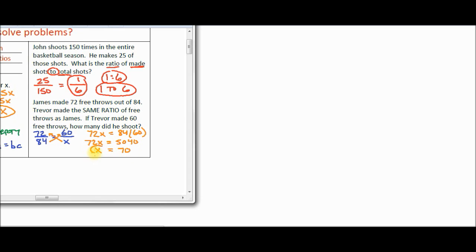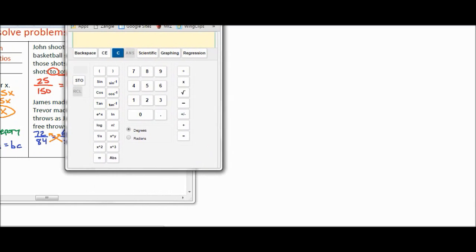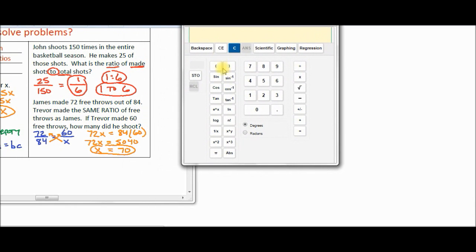So if Trevor has the same ratio of made free throws to shot free throws as James, that means if he made 60 free throws, he had to have shot 70. That would mean we would check our ratios here. He'd have the same ratio as James. And let's check that out real quick. If you take 72 and divide it by 84, you're going to get, take a look at that, 0.857.